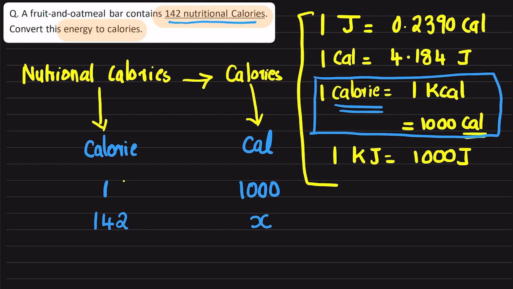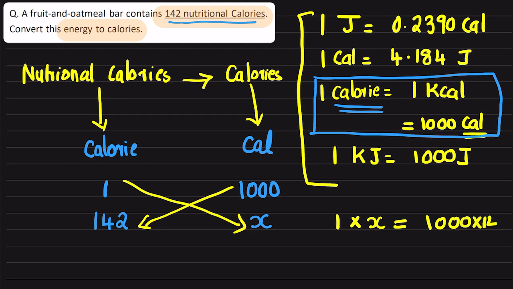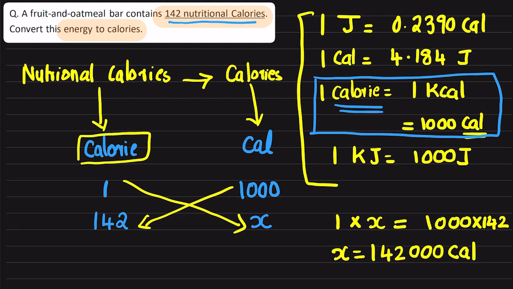So what we have to do? Cross multiplying. So 1 times X equals 1000 times 142. So what is X? X equals 142,000 cal. So what we have done? We first write the relation Calorie to cal. Take the relation 1 Calorie equals 1000 cal. The given question is 142.